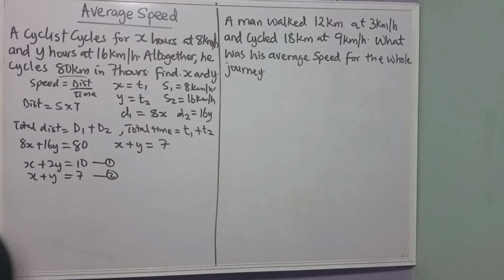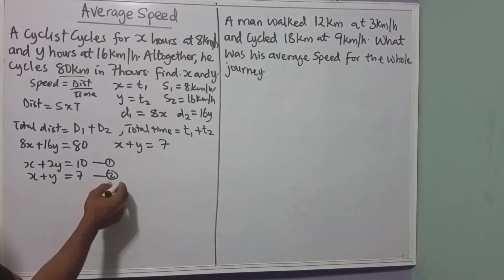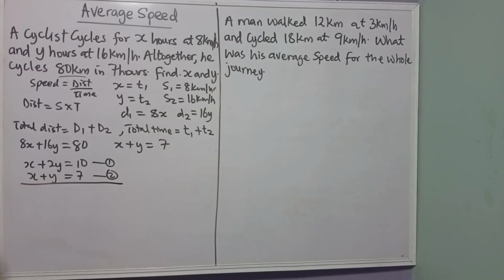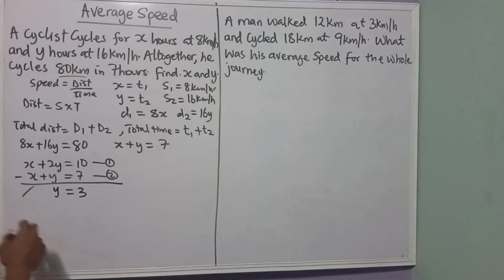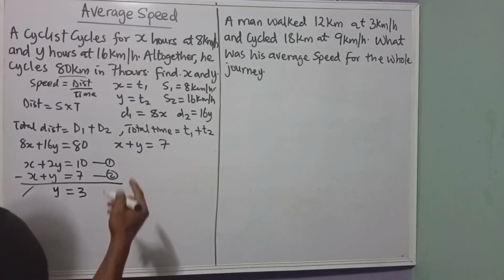So we can now subtract equation 2 from equation 1. X cancels out, 2Y minus Y will give us Y, and 10 minus 7 will give us 3. So the value of Y equals 3.